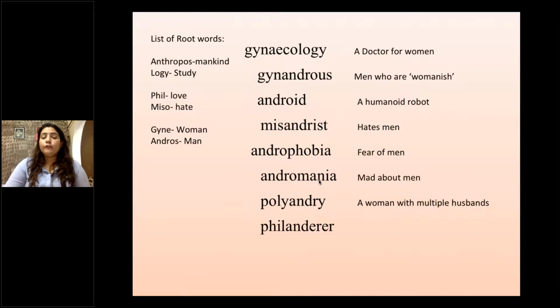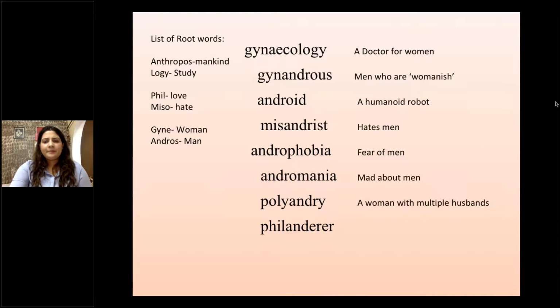Philanderer. Please try out this meaning. I would really like to see what are your interpretations of philanderer. Please know the word is philanderer and not philanderist. Gursimran is correct. No, Ria, this is not the correct answer. Who loves men first?